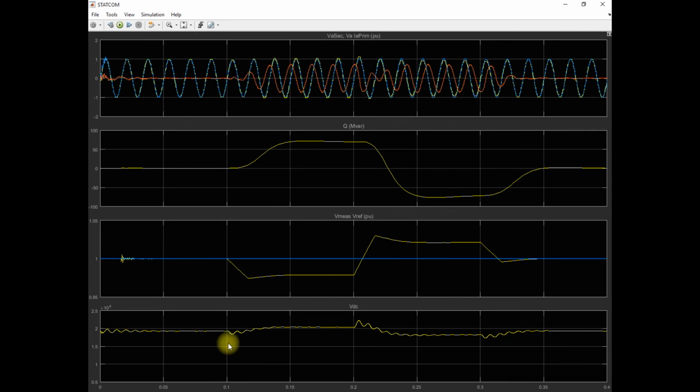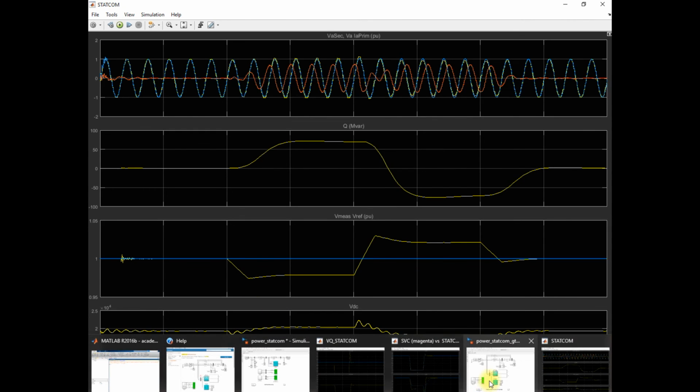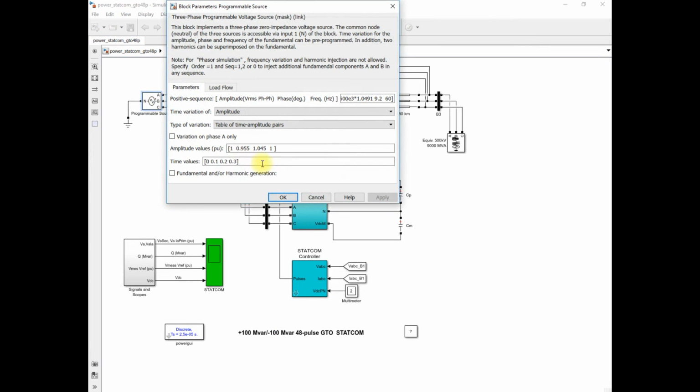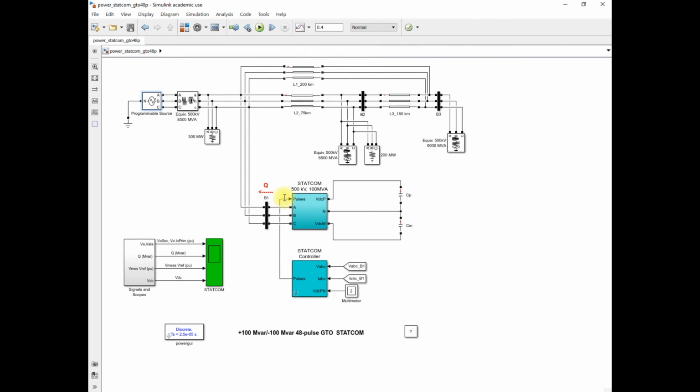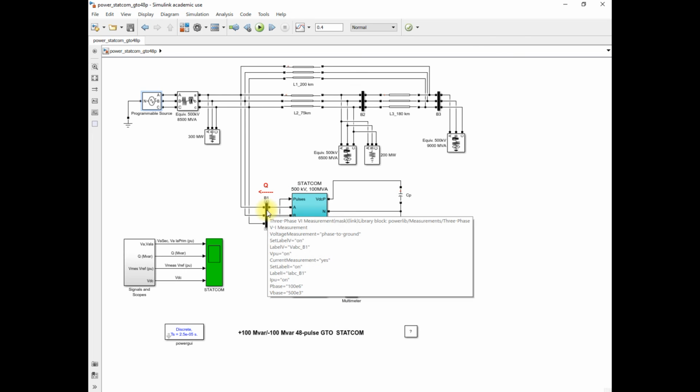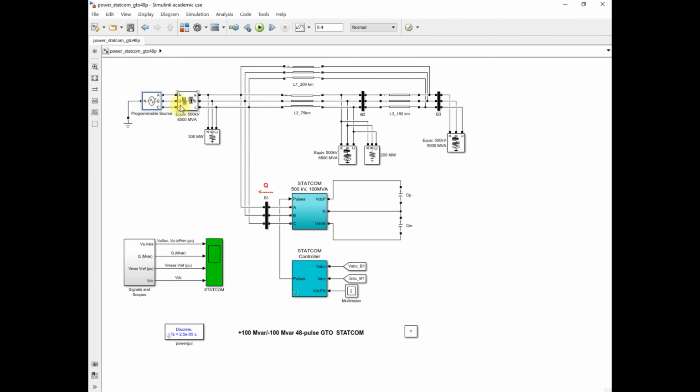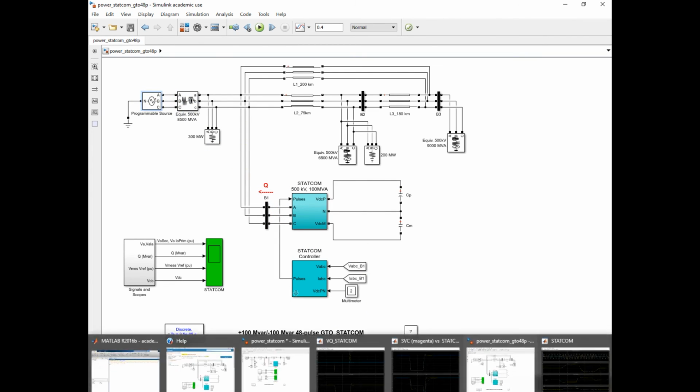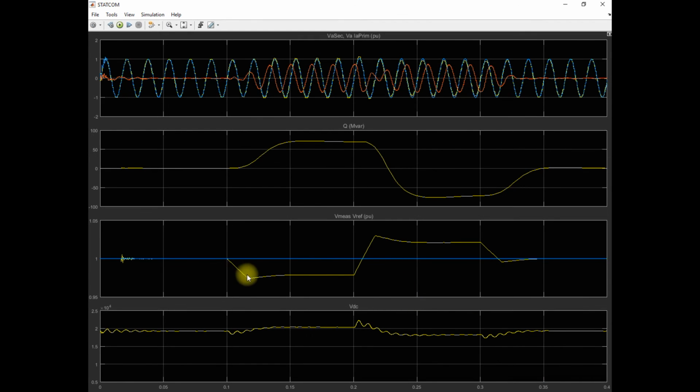You can see that at 0.1 second our voltage is reduced. Why? Because in the programmable voltage source we set this value to 0.955 per unit at 0.1 second, so that this bus voltage also reduces because this bus is near to this generator, so you can see that voltage reduces to the 0.955 value here, and at that time you can see that reactive power is injected by this STATCOM.